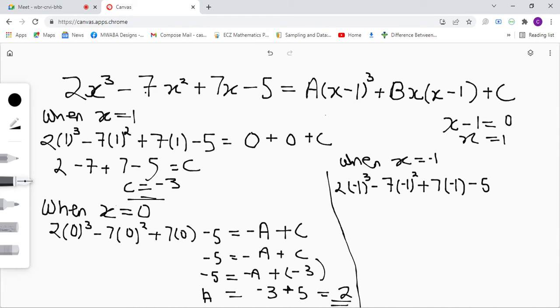This is for the left hand side. Then on the right hand side, okay, now let me do it like this. Left hand side, and then the right hand side here.